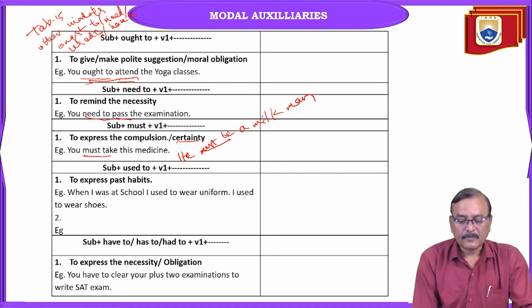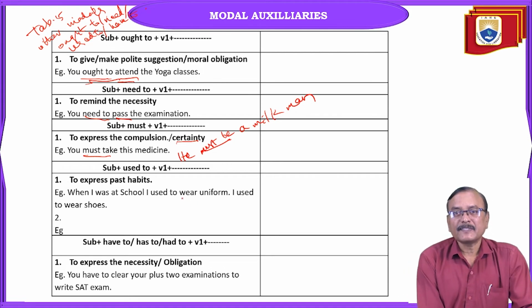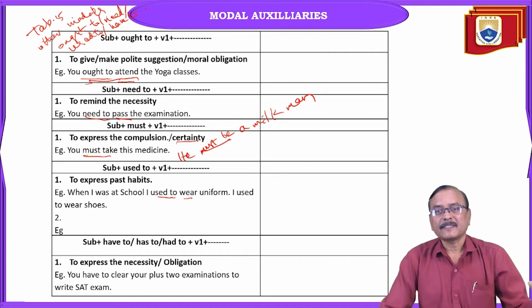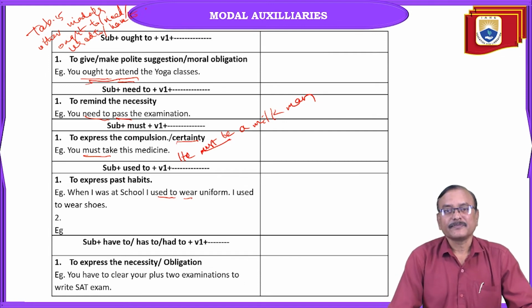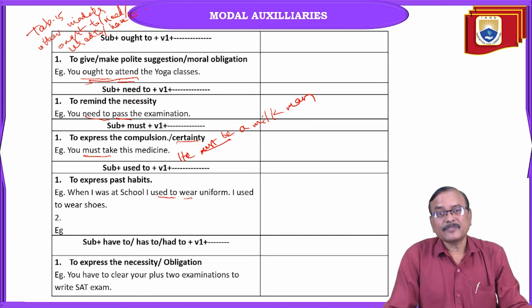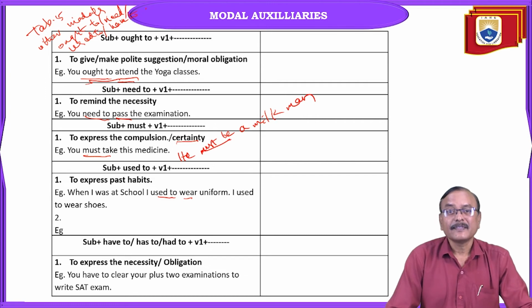Next, used to. Used to plus V1 is to express past habits. When I was at school, I used to wear uniform. I used to wear shoes. When I was in intermediate, I used to walk for miles. I used to run 8 kilometers daily.